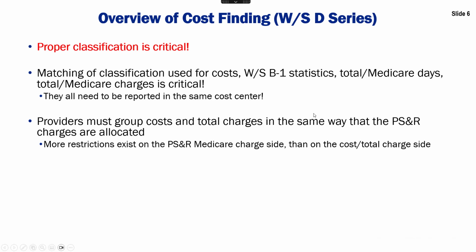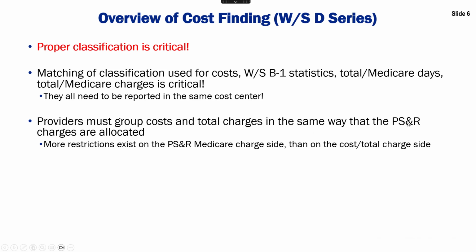There are more restrictions with how the PSNR charges are allocated because they're billed a certain way, they go through certain edits, they show up in a certain place on the Medicare PSNR. That is in many cases what drives the classification.